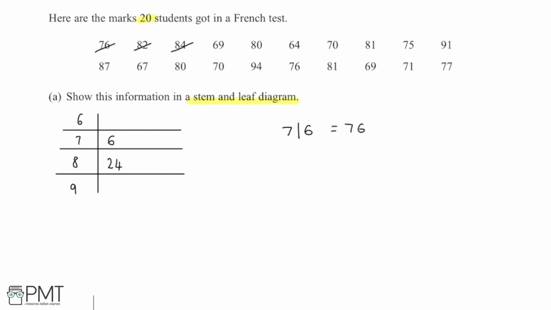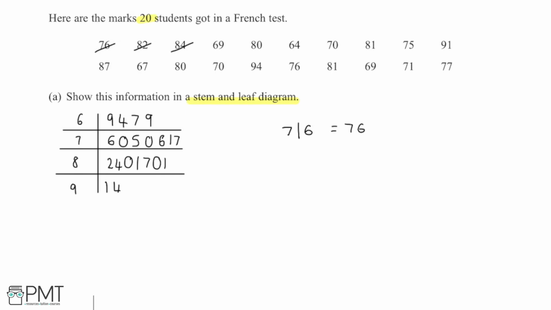So I've done 84 and then I can run through and do the rest: 69, 80, 64, 70, 81, 75, 91, 87, 67, 80, 70, 94, 76, 81, 69, 71 and 77.